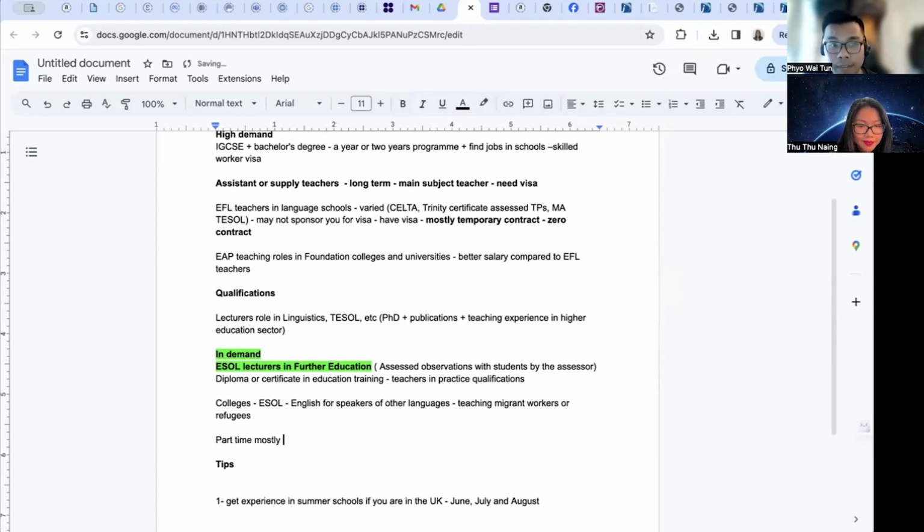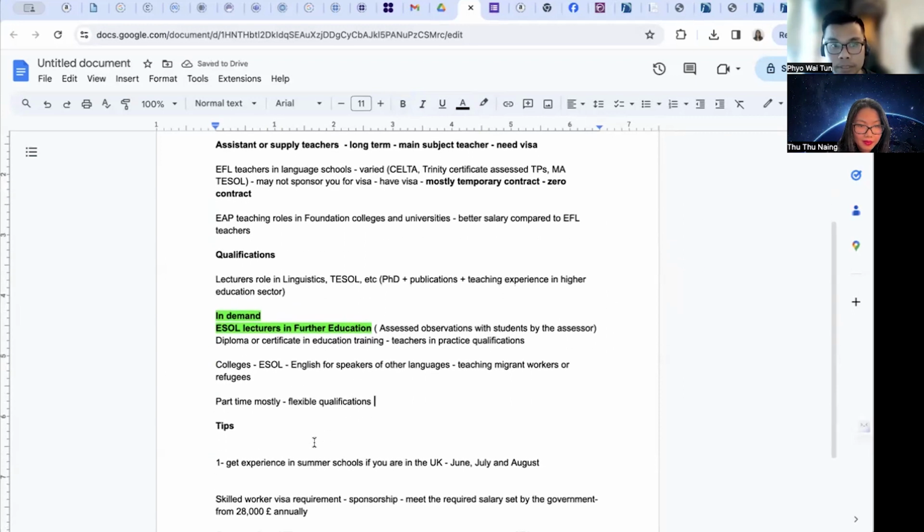We need a teaching qualification, but it is flexible to start a part-time teaching position. And if you start to work part-time, and if you find it interesting, and if they like you, you might have a chance to get a permanent position in that role.